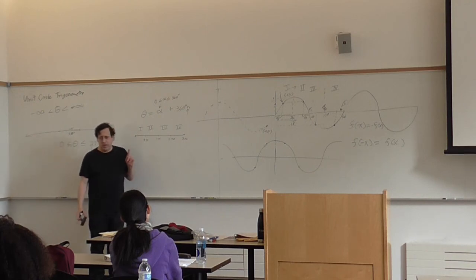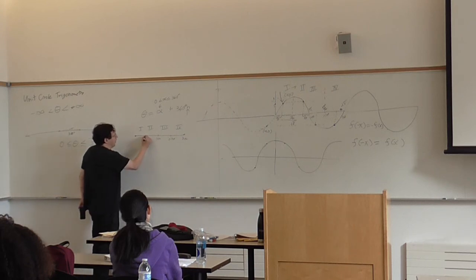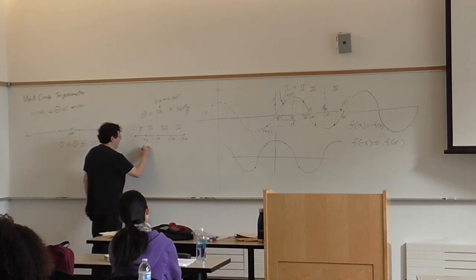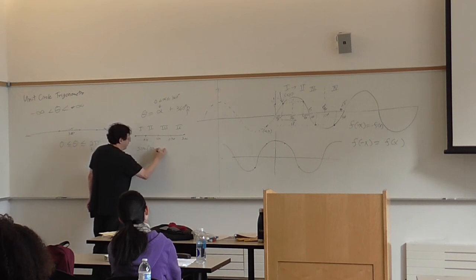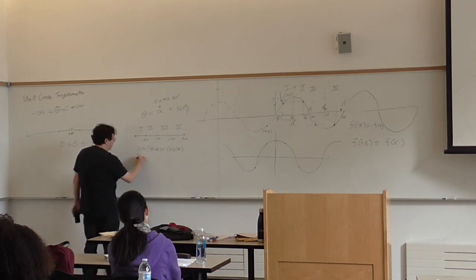And I can go one step further, which is now I have sine and cosine between 0 and 90. But as we saw a few days ago, we have these identities that say the sine of 90 minus theta is equal to the cosine of theta. This has to do with complementary angles.